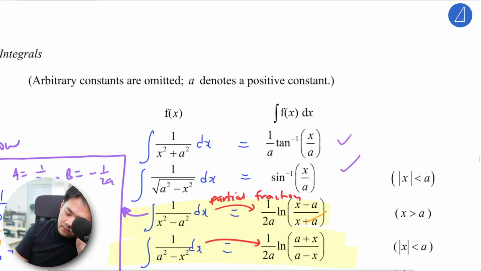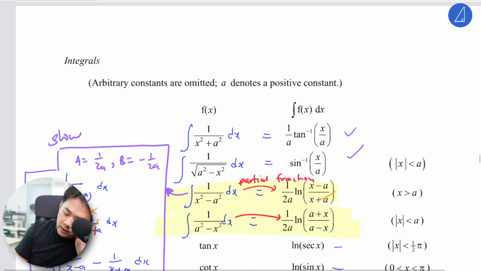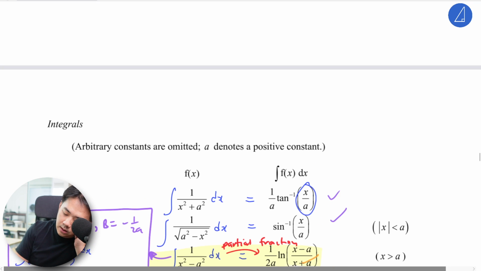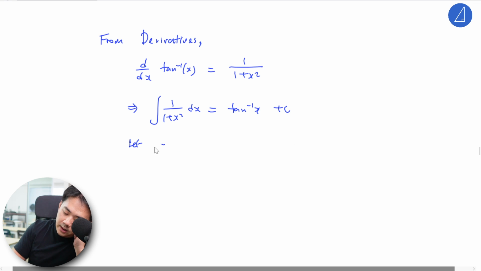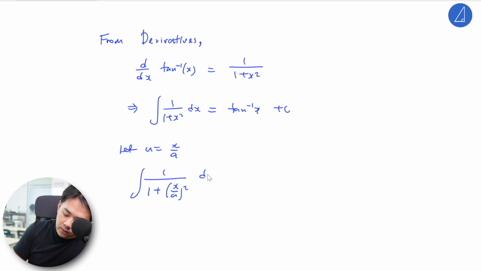Let u equals to x over a. So essentially you have 1 over 1 plus x over a square here. So you have u, which is 1 over a lah. Differentiating that will be 1 over a.